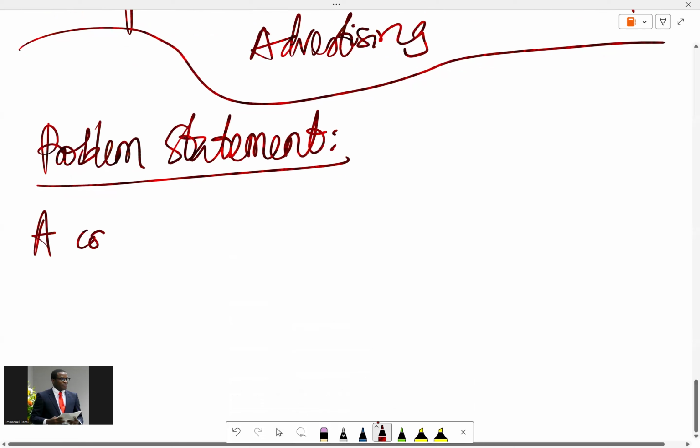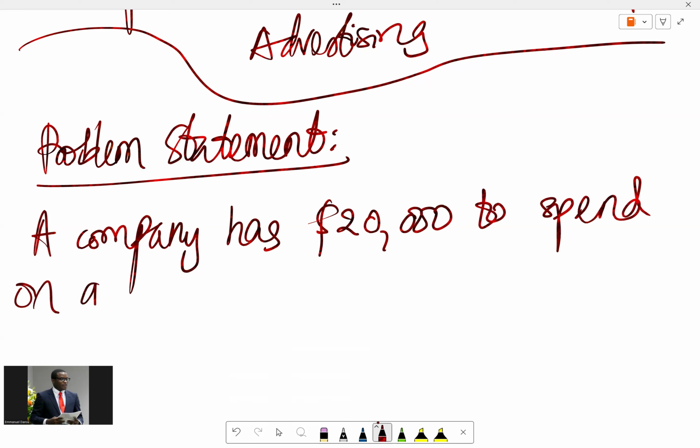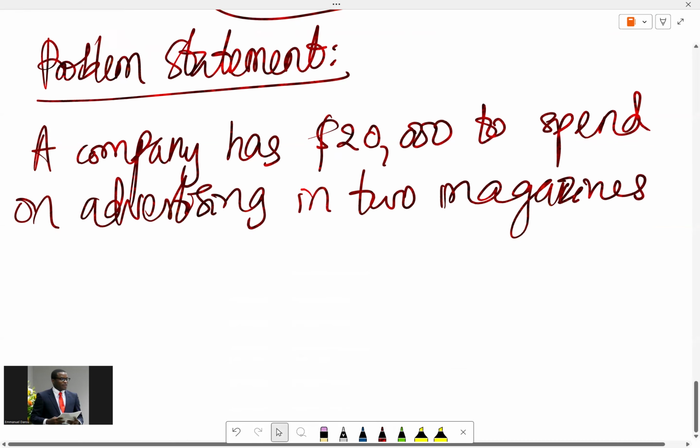A company has $20,000 to spend on advertising in two magazines. That already looks like a constraint, right? It means the company cannot spend more than $20,000. So that's already a limitation.